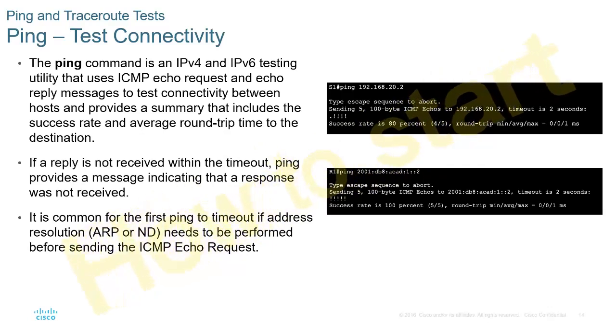A Q is the source quench, basically a destination too busy to respond. An M means the packet could not be fragmented. A question mark means an unknown packet type response, and an ampersand means a packet life has been exceeded. It's important to know these because on the CCNA exam, these are things that pop up that people don't always think about.